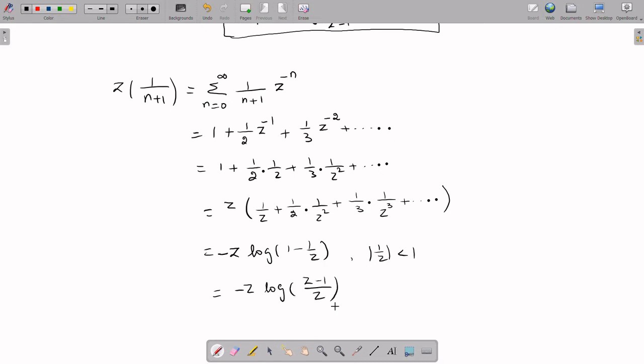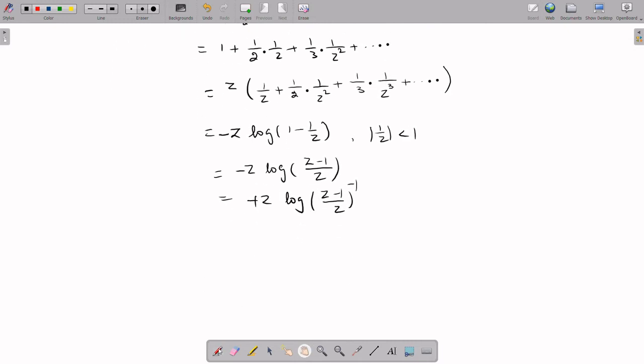Okay, or you can take that z to the front: minus z into log of (z minus 1 by z) whole power minus 1, or you can write this to be z into log of z by (z minus 1). This is the expansion of z transform of 1 by n plus 1.